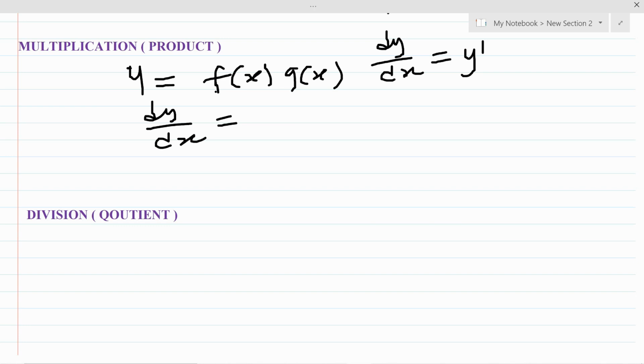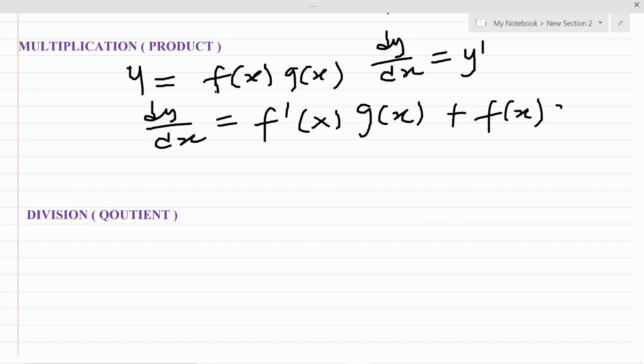So dy/dx equals f prime of x, meaning just differentiating f of x, times doing nothing to g of x, so you just maintain your g of x, then plus your f of x again, then g prime of x. This one means df/dx, this one means dg/dx. So that is it for the product rule. Keep this, you differentiate that, plus you keep the other one, and you differentiate the one that you kept first. Alright, so let's move on to the quotient rule, and after that we'll take examples.